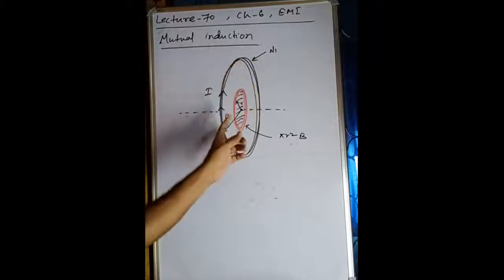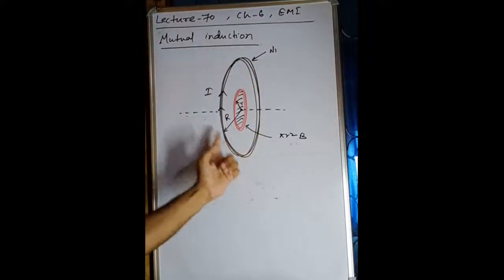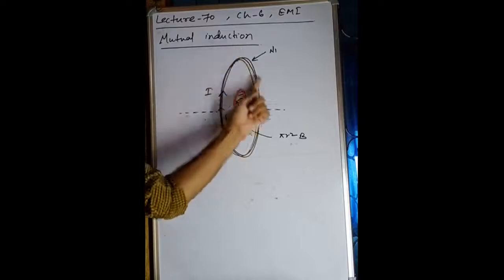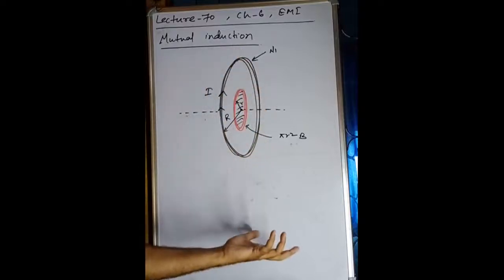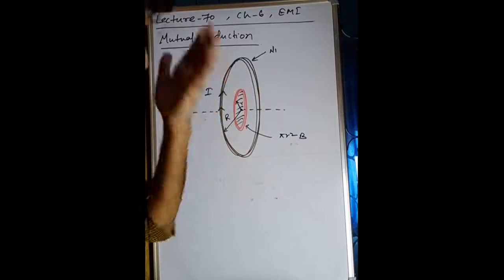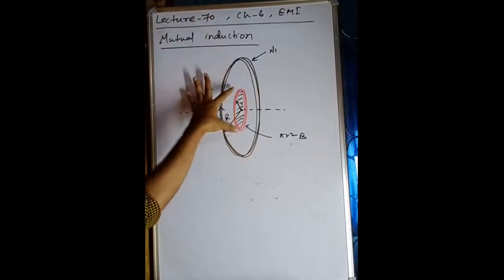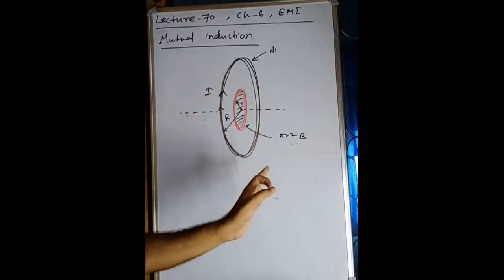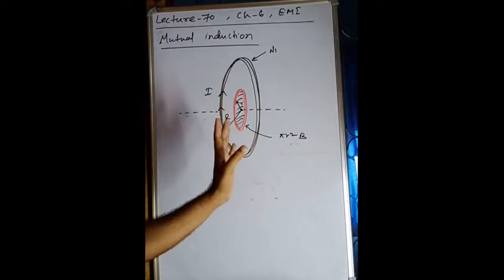Why? Because of course the area is pi capital R square, but this entire coil is not getting the field lines. This much only has the field lines. So the area will be of this much only, and this will be the flux linked with this bigger coil.